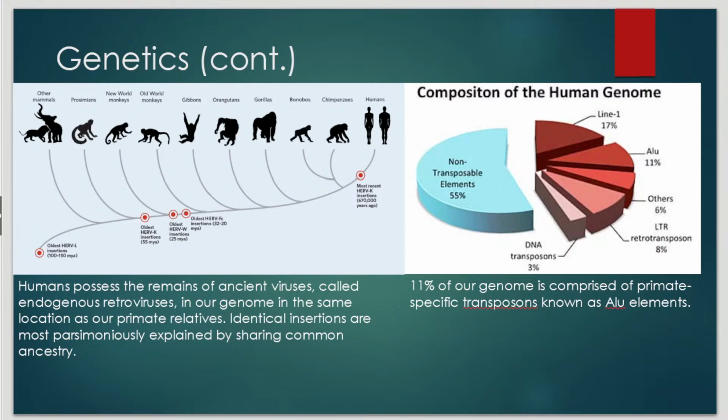Okay, so this is where we're talking about endogenous retroviruses, which are really cool. I don't have the actual structure of the virus up here, I apologize. But endogenous retroviruses essentially have three genes. They have long terminal repeats on either side, which are basically repeat A and T rich, or maybe A and G rich regions on either side.